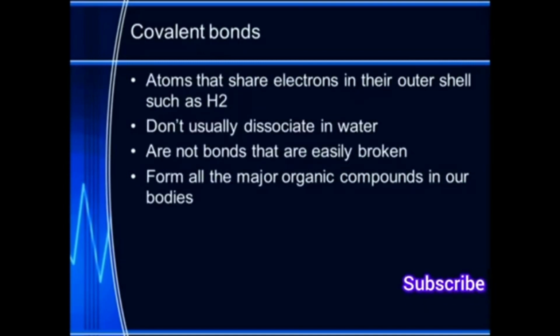Covalent bonds. Atoms that share electrons in their outer shell, such as H2, are covalently bonded, and this bond is a tight one. It doesn't usually dissociate in water, they're not easily broken, and they form all the major organic compounds in our bodies.